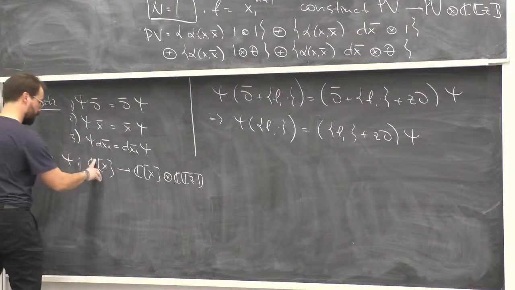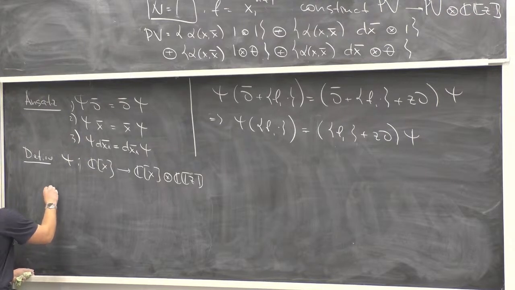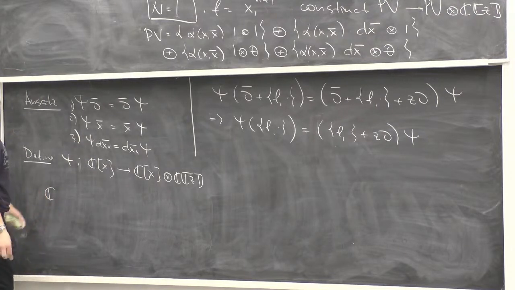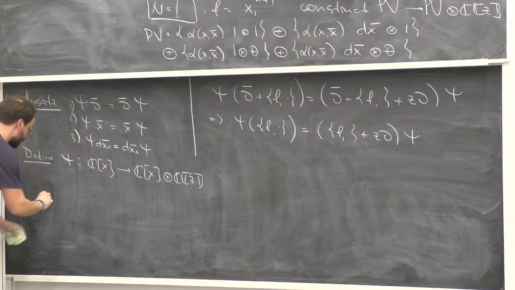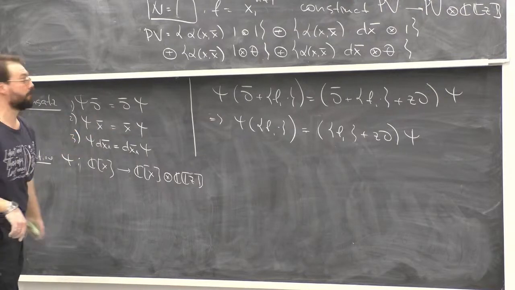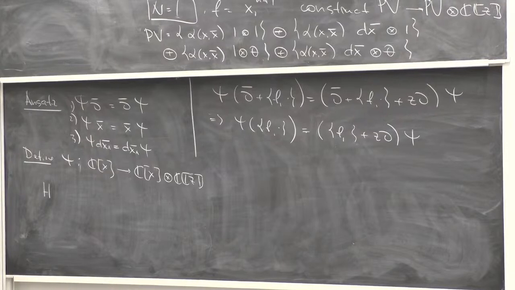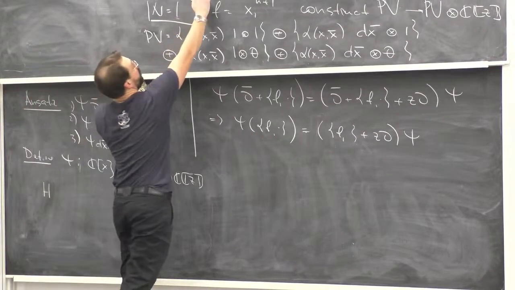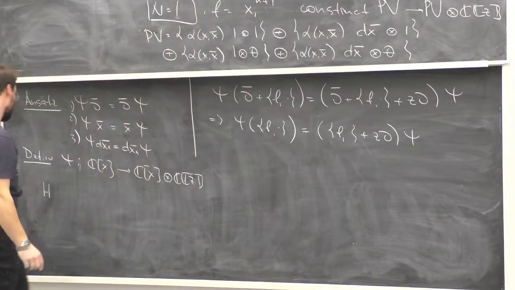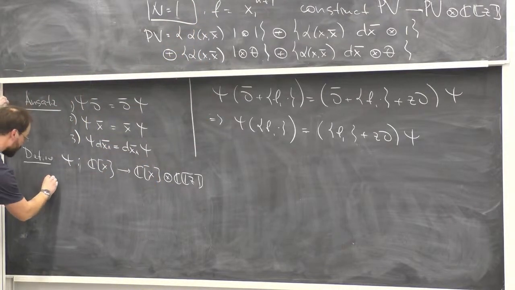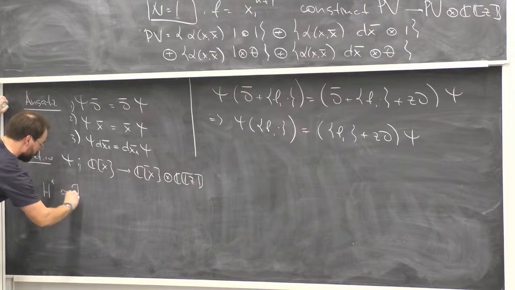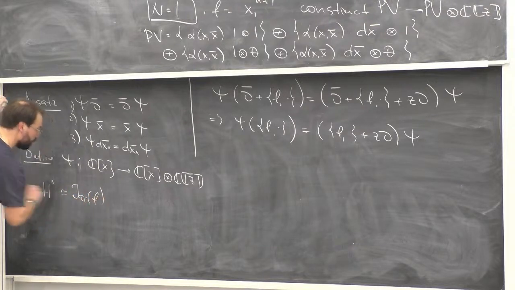So, and then I take the following. Well, what is my cohomology? Cohomology of the DG algebra, I mean of PV with d bar f, is isomorphic to the Jacobi algebra of f.